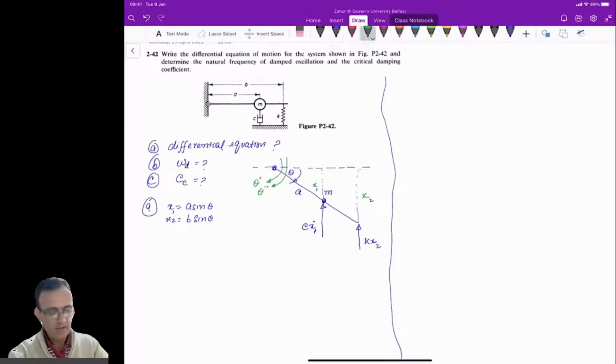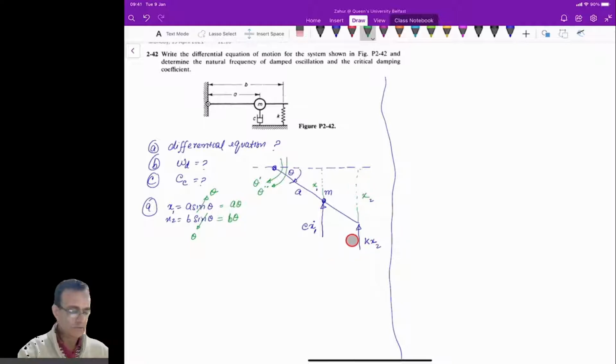Because the angle is very, very small, sine theta is equal to theta. So this will become a theta, and this will become b theta.